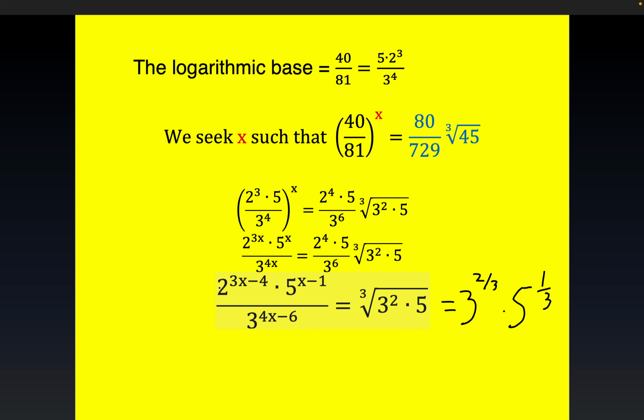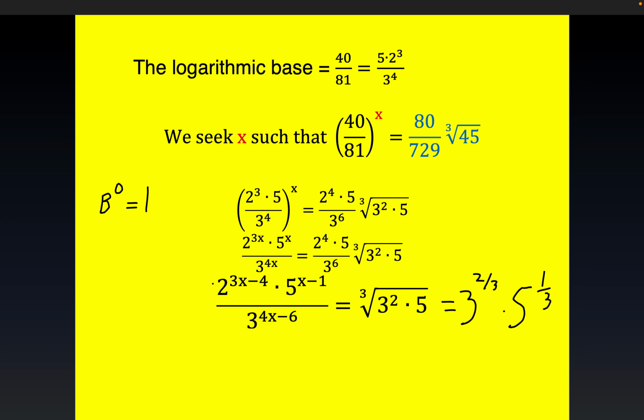Now, how do we resolve that? Well, there's a famous result, and a lot of people memorize it, but it's very easy to prove. Anything raised to the 0 is 1. It's an example of a common, well-known rule that is memorized rather than understood. But it's very simple to prove that just from first principles. Think of 3 squared over 3 squared. That has to equal 1, but then you would subtract 2 from 2 to get 3 to the 0. So there's a justification for that.